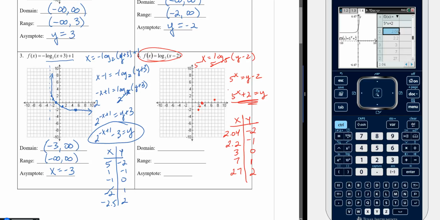But I'm going to have, again, a vertical asymptote right at x equals 2, so that first dot that I made right here is actually just inside of it, but my graph is going to look something like that. So my vertical asymptote is at x equals 2. Domain is 2 to infinity, and my range is negative infinity to positive infinity.